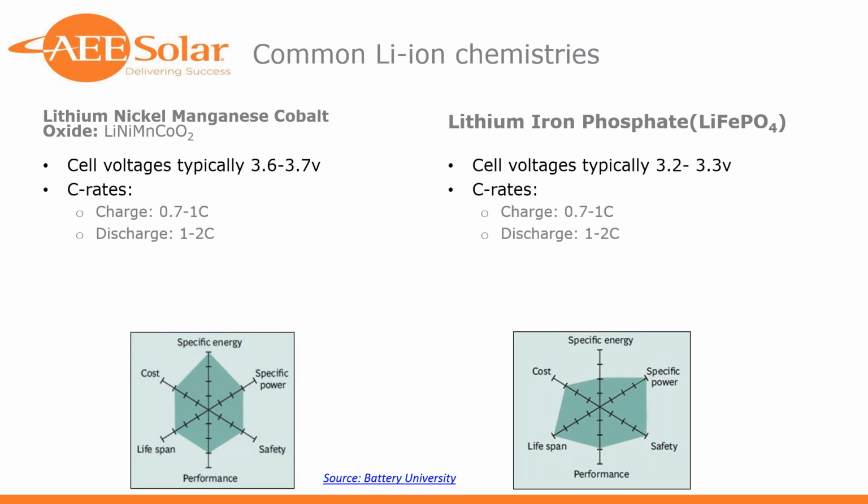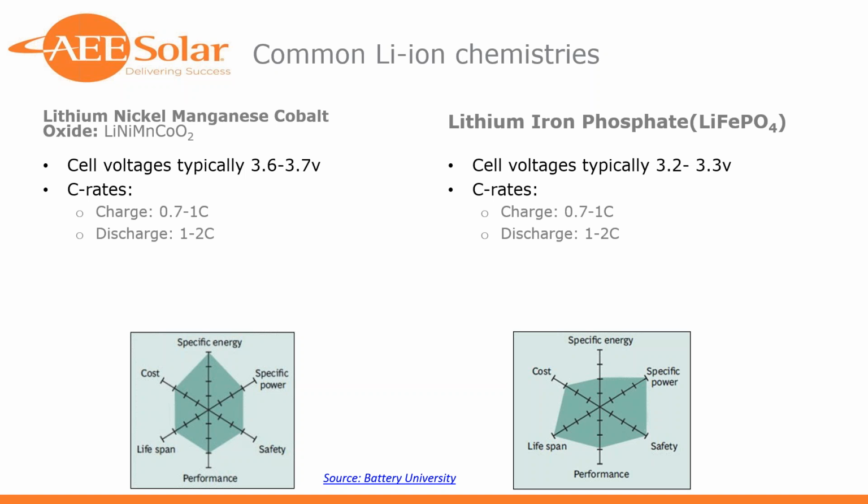These radar charts that I got from Battery University are some generalizations on the chemistries, but will give you a little better indication of what the differences are. So specific energy, what we mean by that, this is a chemistry term I had to look up, is the energy per unit of mass, specific power being the rated power per unit of mass.